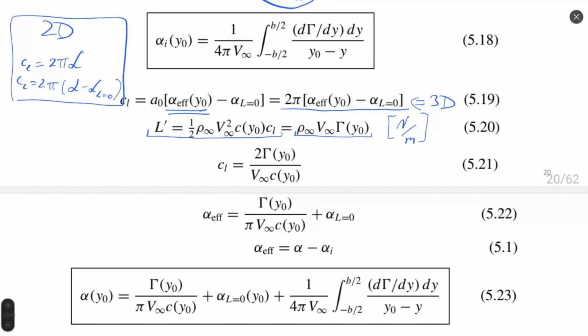Once we find it, we can also rewrite effective angle of attack. Our effective angle of attack would be calculated by equation 22. It will have 2 parts.